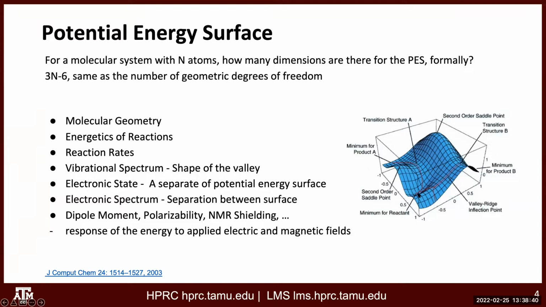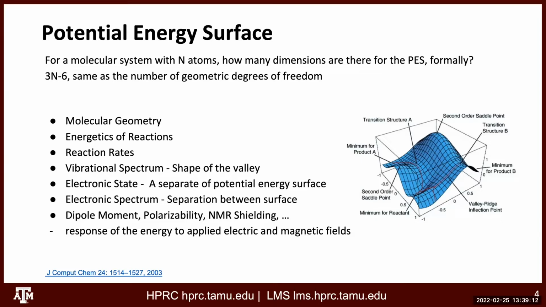If you start from a valley that's higher than the other, your Gibbs free energy change is negative, and that would be a spontaneous reaction. If you start from a lower valley and end up at a higher valley, your Gibbs free energy change is positive, and you get a non-spontaneous reaction.